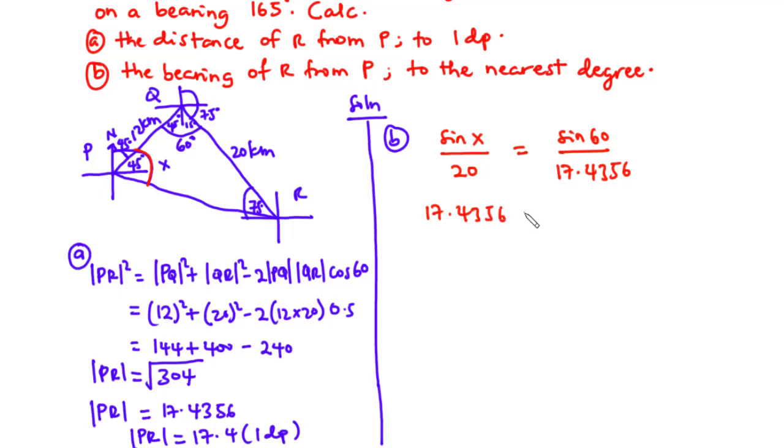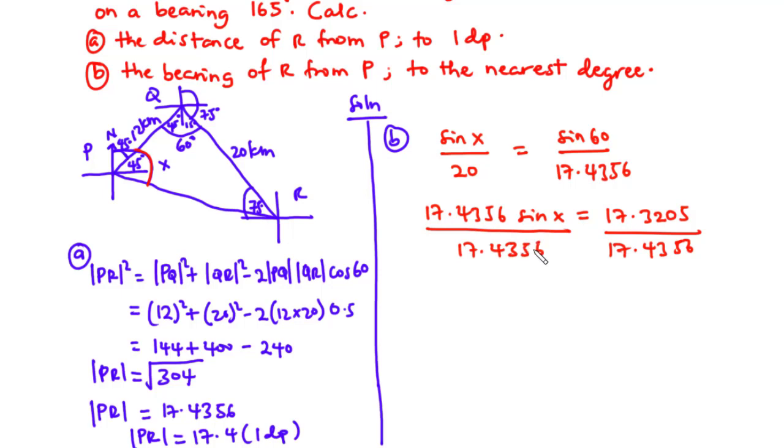So we have 17.4356 times sine X equals 20 sine 60, which is equal to 17.3205. So we divide through by 17.4356, and then we have sine X to be equal to 0.9934.